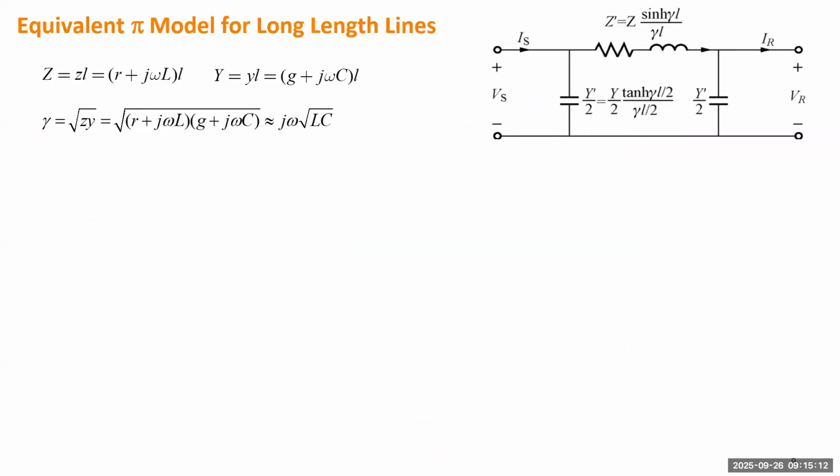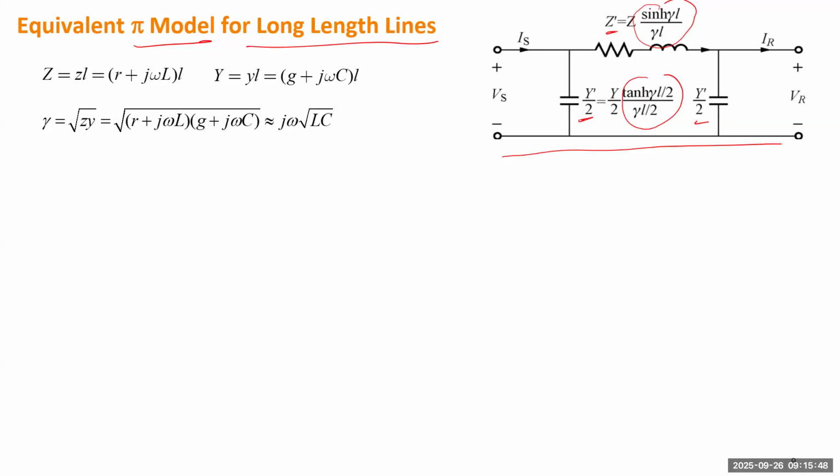All right, so let's discuss more about this equivalent pi model. The pi model is for a medium line or short line, but when we study the long line model, we want to take the same structure as the medium line model, but replace the actual impedance or admittance by equivalent impedance or admittance, which are Z prime and half Y prime, by multiplying the actual parameters by some factor.